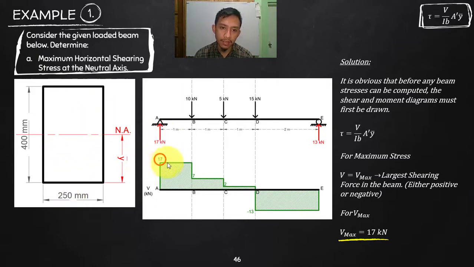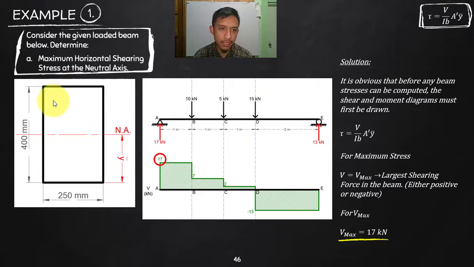Even if one is a bigger number compared to the other, that might end up with a different effect in bending, because the bending stress depends on the curvature, which one is compression and tension. But in horizontal shearing stress, it doesn't matter if it is positive or negative shearing, because we are still investigating your neutral axis.